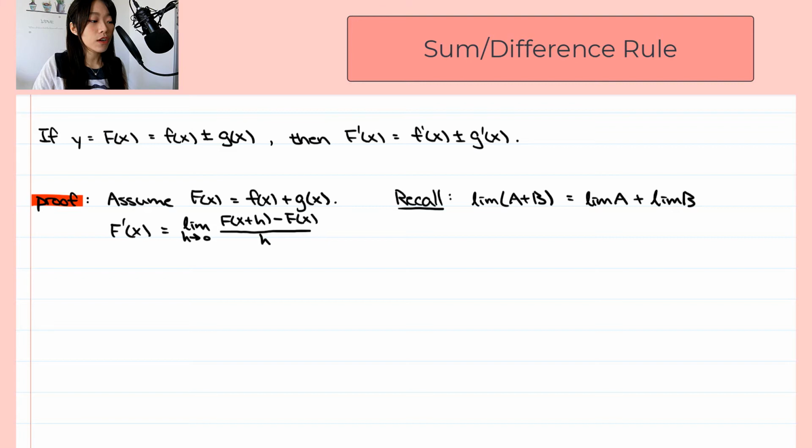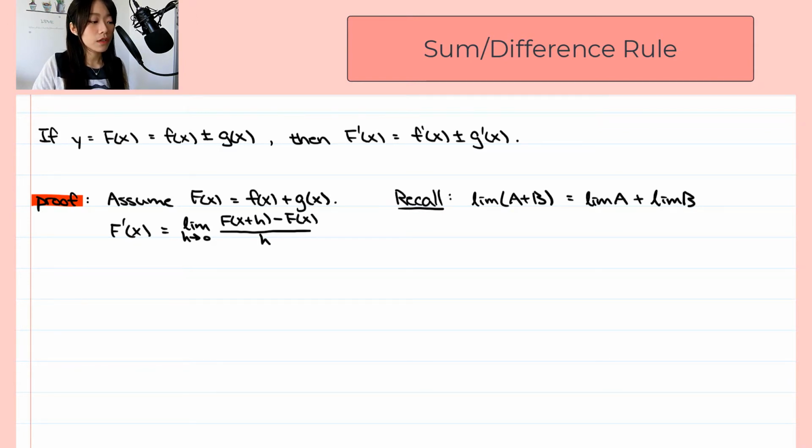So assume the function is f of x plus g of x, then its derivative would be the limit of f of x plus h minus f of x, which is the difference in y, over the change in x, h, as h approaches 0. So now let's substitute the function into this limit.